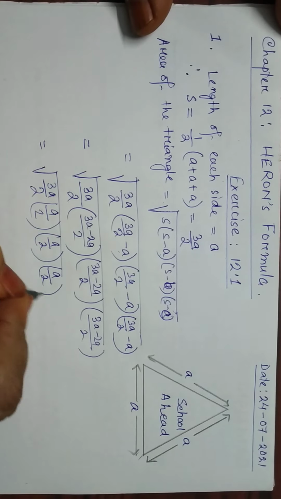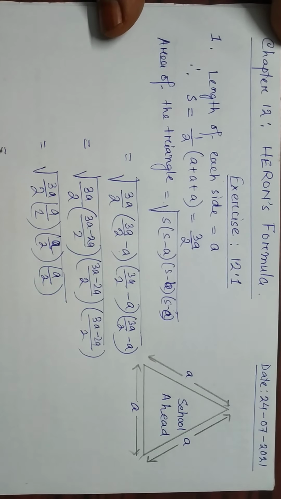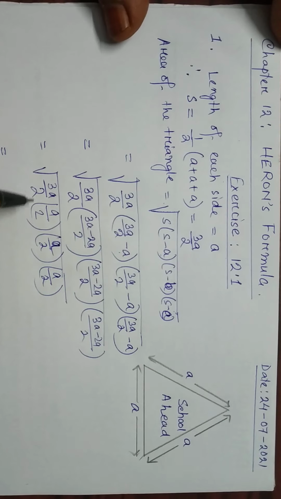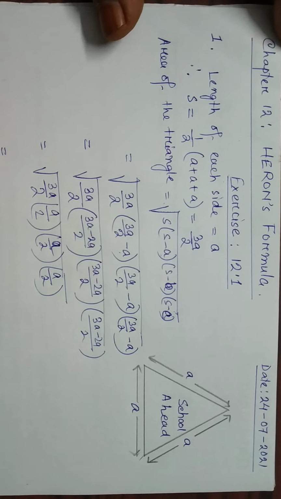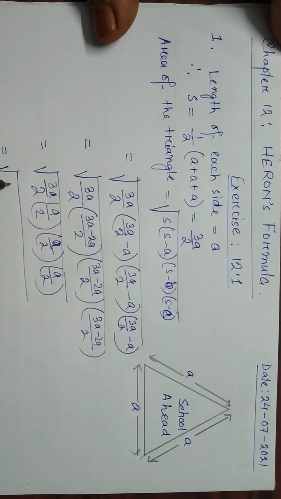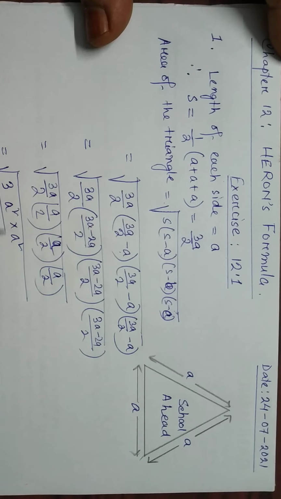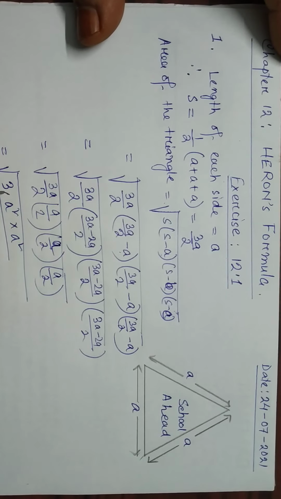Okay. Now here A by 2, A by 2, A by 2. Four times are given. That's why this one, what happened? 3, and here A square into A square divided by 2 square into 2 square.